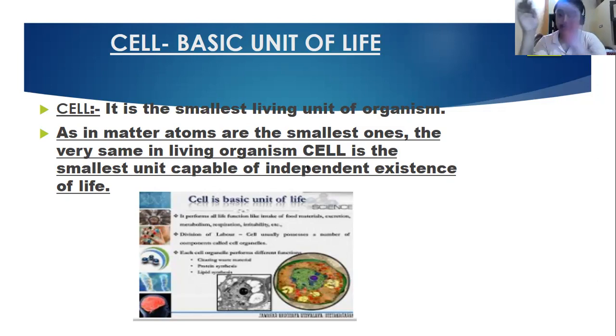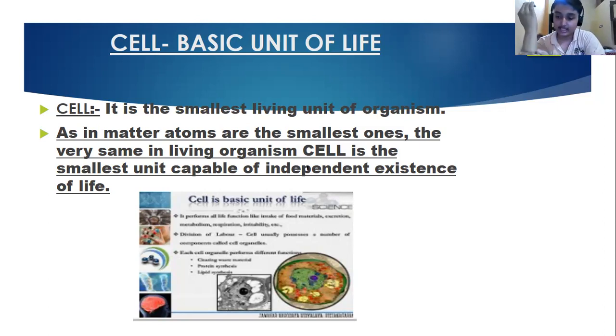Like in a building, suppose this wall is a complete organism like us, then one block, one single unit, the base of it, the brick, is similar to the cell that we possess in our body.